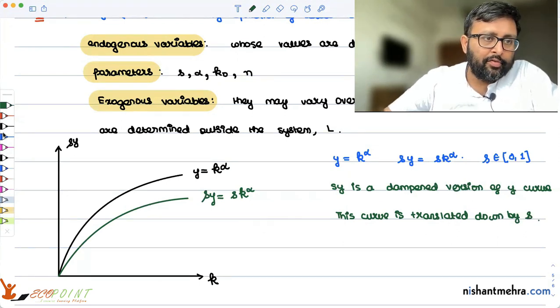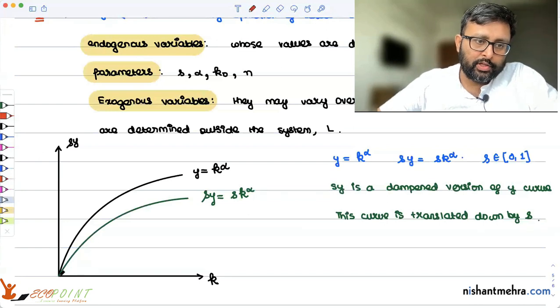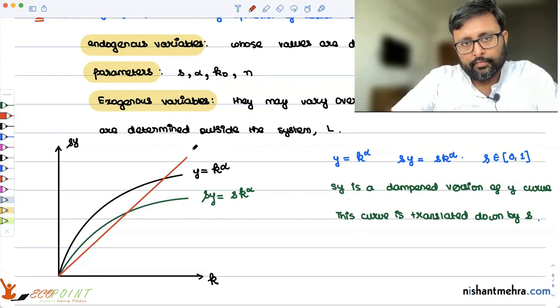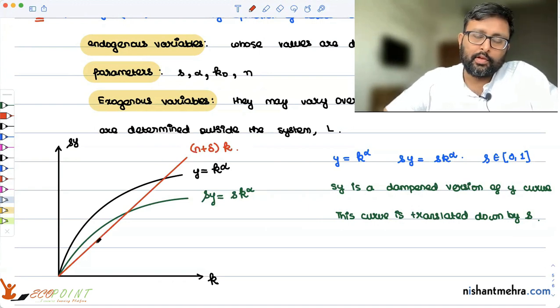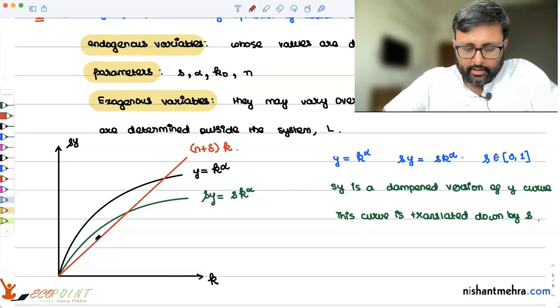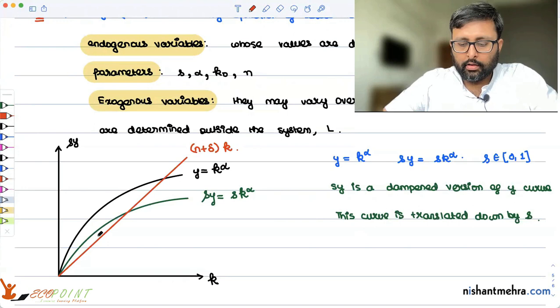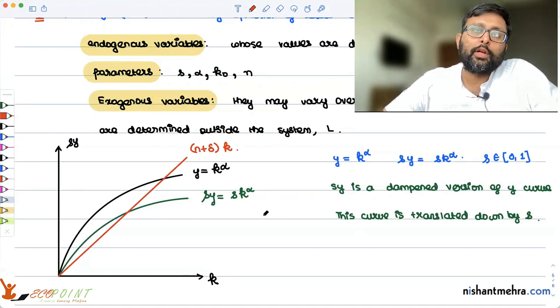Then you have another line, which is your n plus delta k line. This is the amount of investment per worker which is required to keep the capital per worker unchanged. We have talked about this, right? This is your replacement level of investment per worker, which is required to keep the capital per worker unchanged.